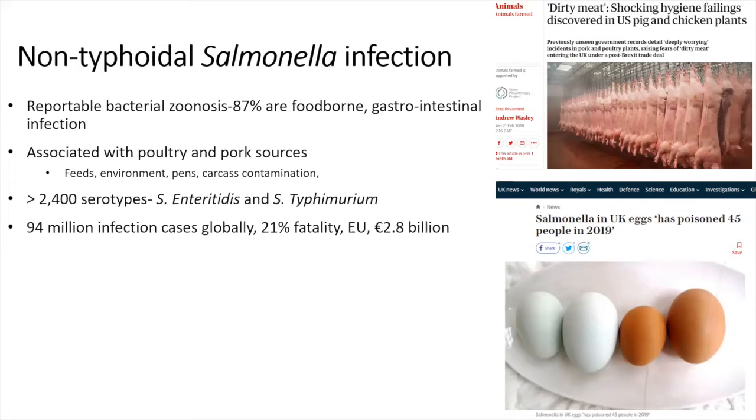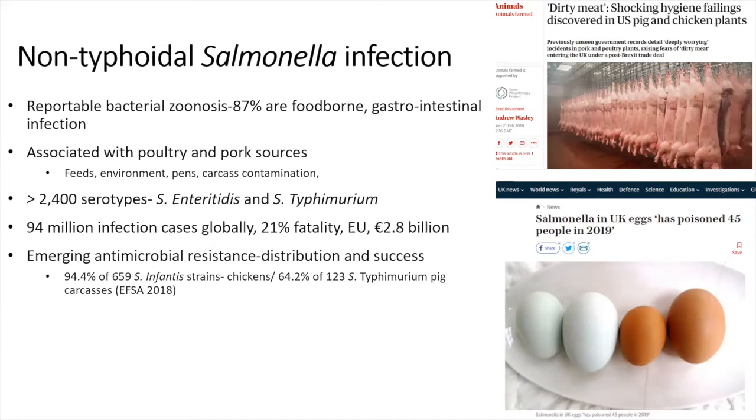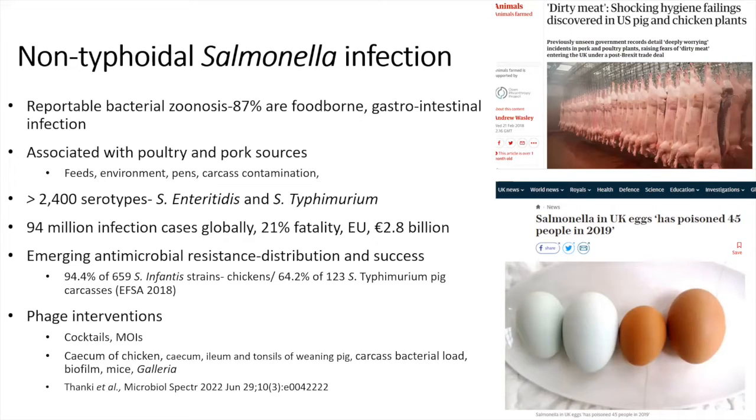The infection is quite debilitating. About 94 million infections have been shown globally, with about 21% fatality. In the EU, it can cost up to 2.8 million euros to treat the infection. Several antimicrobial resistances have been reported within the serotypes, hence the need for phage interventions.